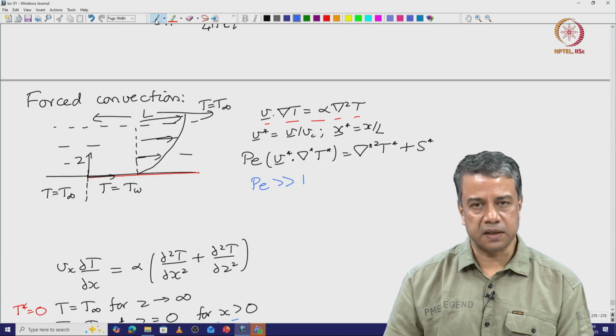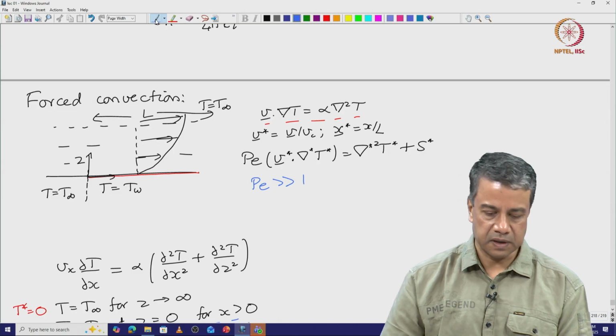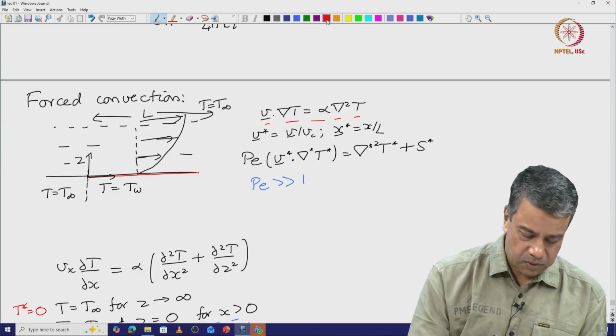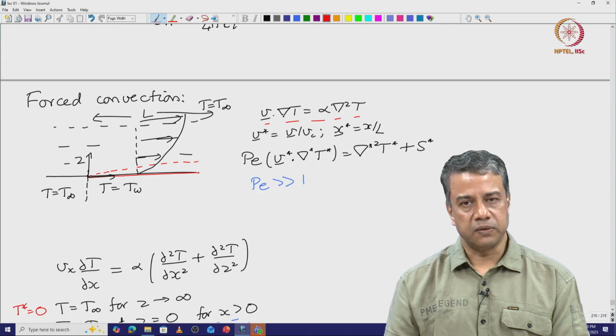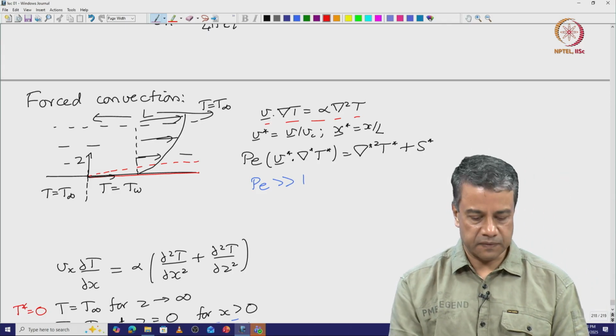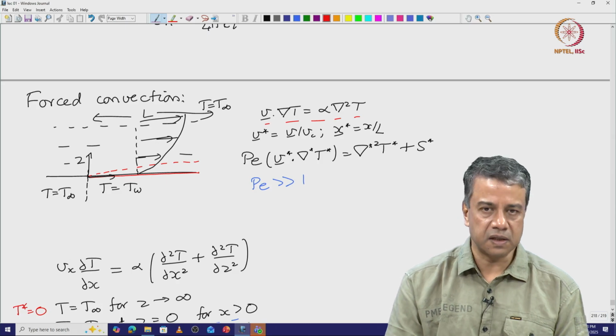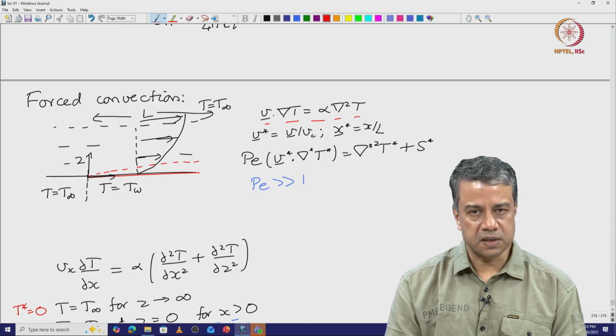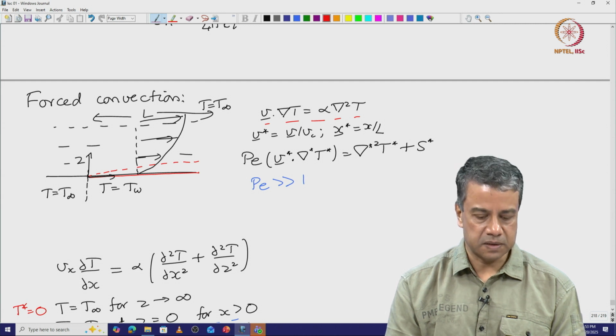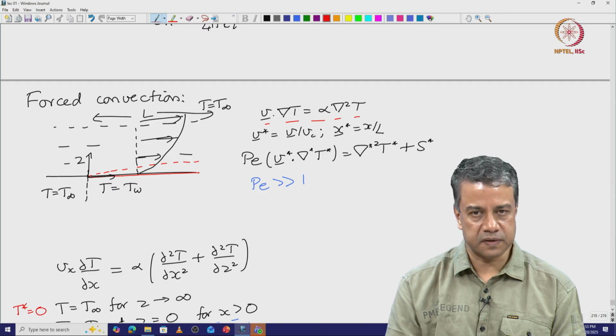Therefore, you would expect the disturbance to the temperature field to be restricted to a thin region close to the surface. And within this region there will be a temperature disturbance, due to the heat that is coming from the surface.